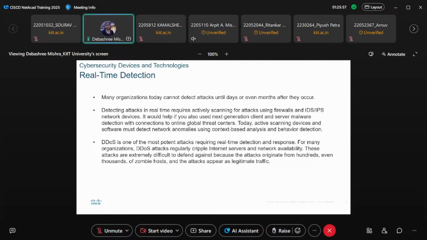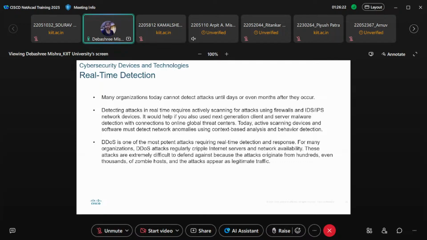Today we are doing active scanning, and devices and software have been implemented which basically work as real-time detection in the network to find anomalies by using context-based analysis, by the behavior of the detections and the behavior of the traffic.